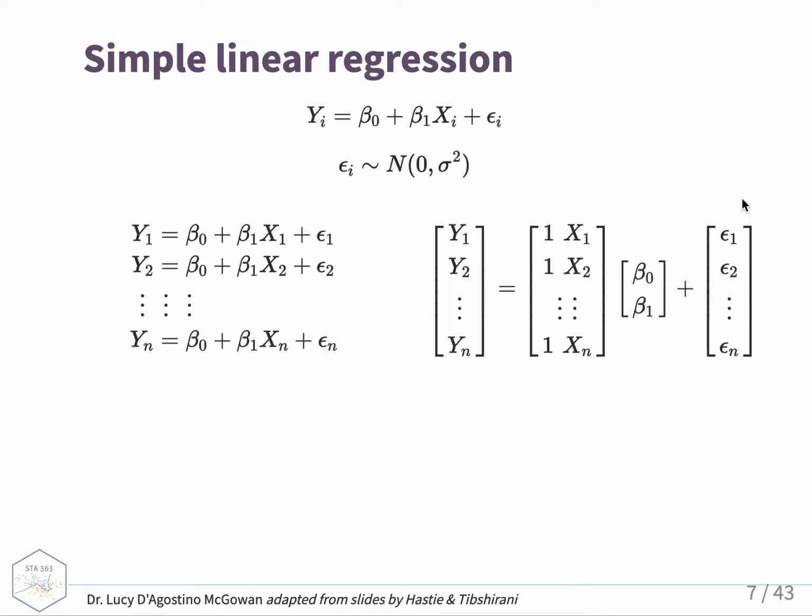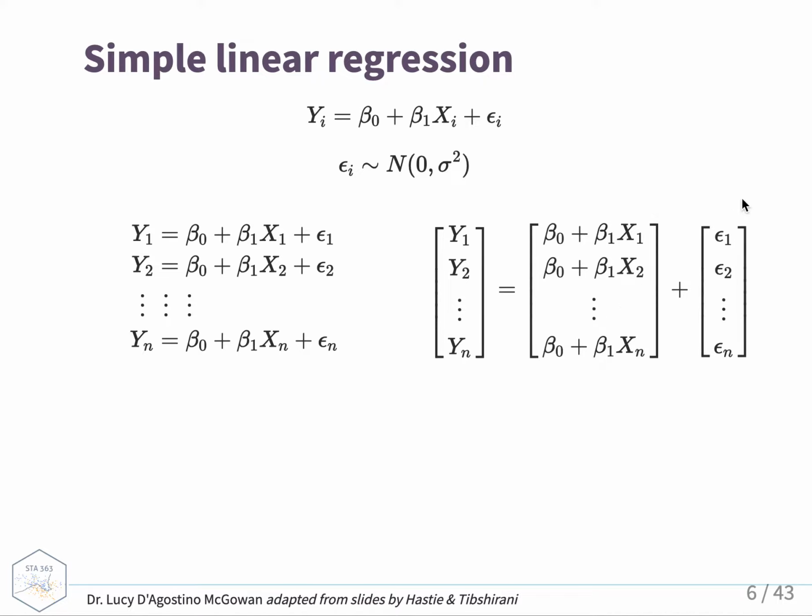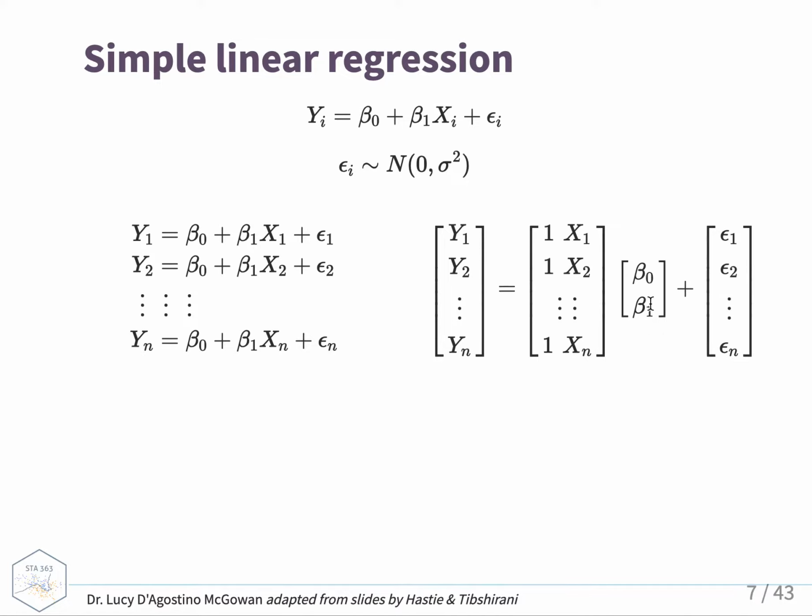And we can split out that linear part. I'm going to go back and forth here just so you can see what I've done, but basically I'm pulling out this beta 0 and beta 1, and I'm multiplying that vector times this matrix.